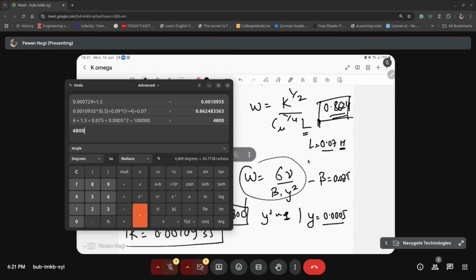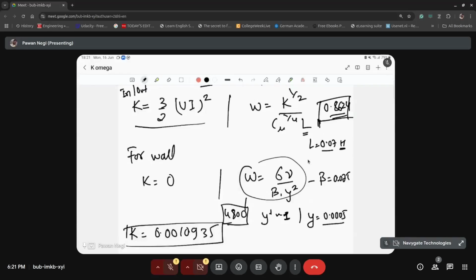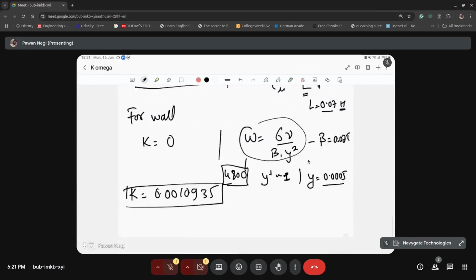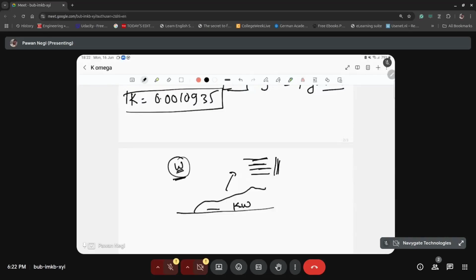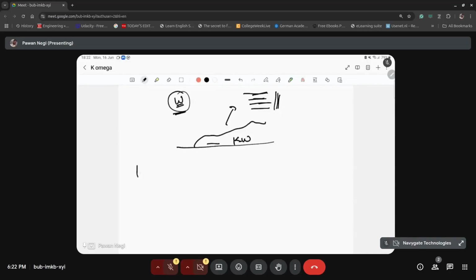Now, before going to the simulation, let's talk about a blend of K-Omega and K-Epsilon and why we need it. Close to the wall, this K-Omega model works perfectly fine. But when we go away from the wall in the free shear zone, the K-Omega model does not perform so well because omega is very sensitive. Therefore, in order to prevent this, a blend of K-Omega and K-Epsilon was proposed, which is called the K-Omega SST model.